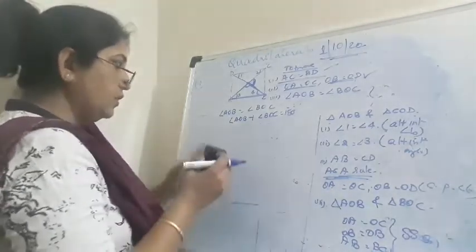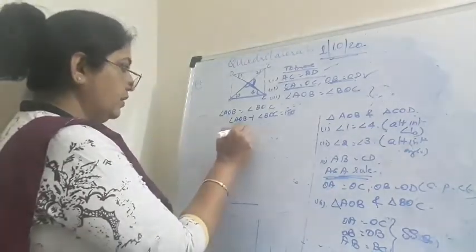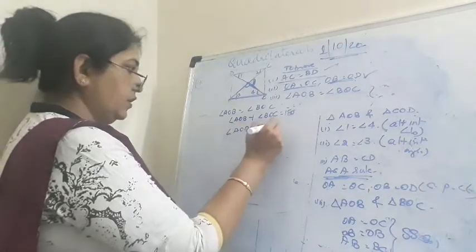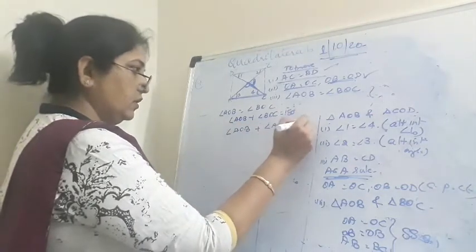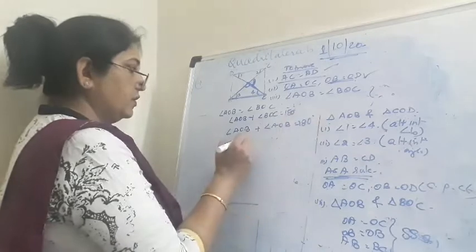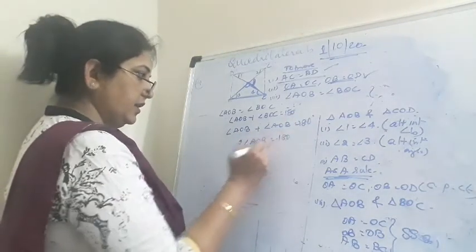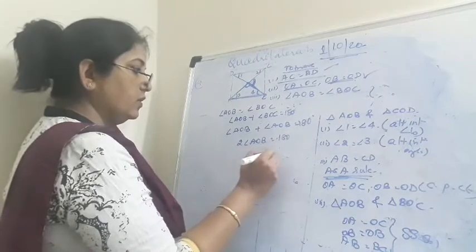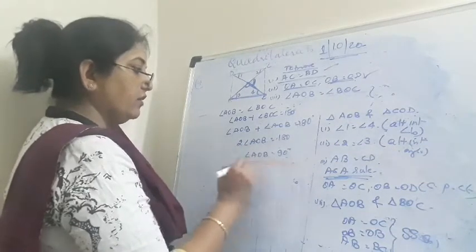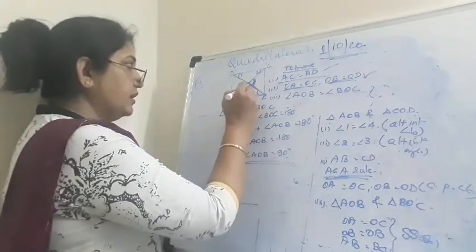The two angles are equal. Angle AOB plus angle AOB equals 180 degrees. Twice angle AOB is equal to 180. Angle AOB is equal to 90 degrees. So we have now proved that angle AOB is equal to 90 degrees.